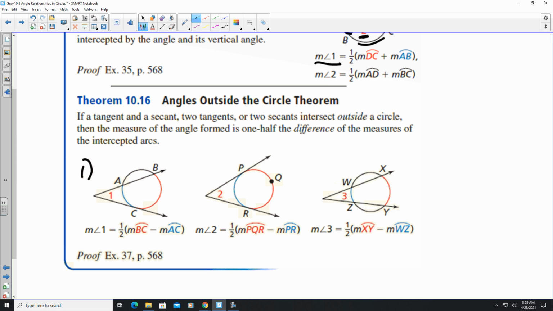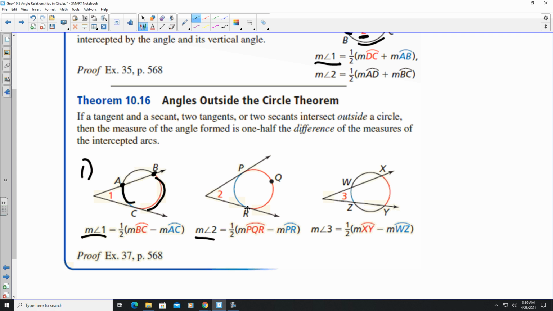One gives you a chord within the circle, like AB, and C looks like it's tangent. When that's the case, this angle measure is going to be equal to half of the arc measure BC and AC. So it's the difference of those.